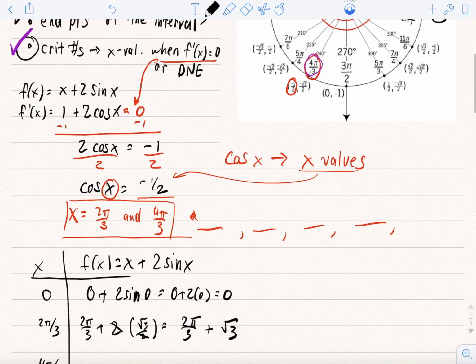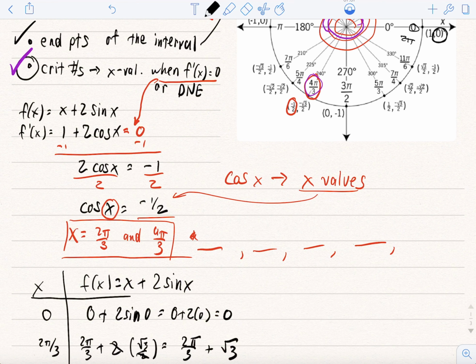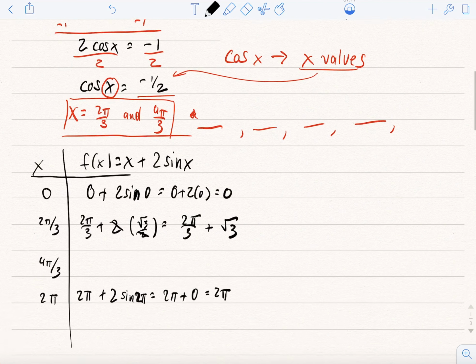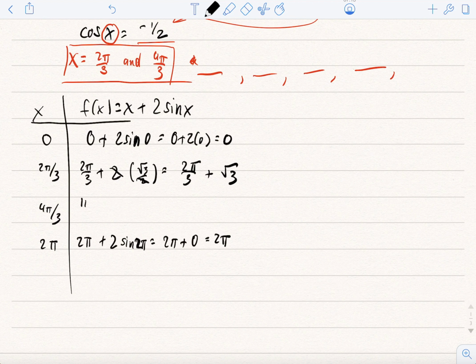Next, 4 pi over 3. When I plug that in here, the y value is negative root 3 over 2. So I have 4 pi over 3 plus 2 times the sine of 4 pi over 3, which is negative root 3 over 2. These cancel out, so this is equal to 4 pi over 3 minus root 3.